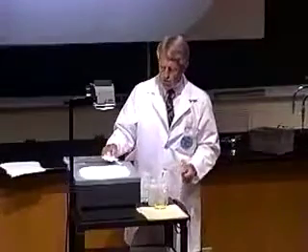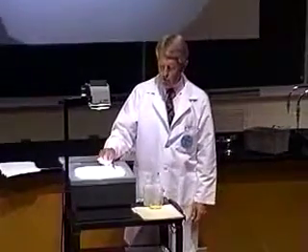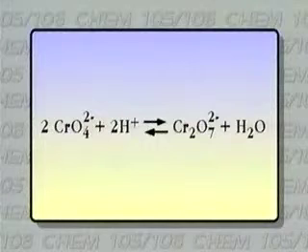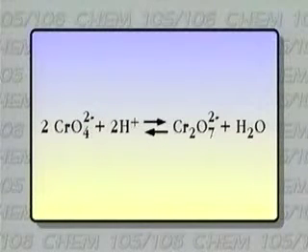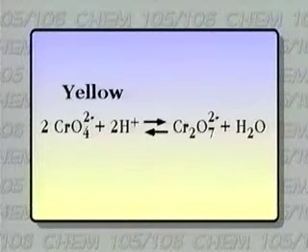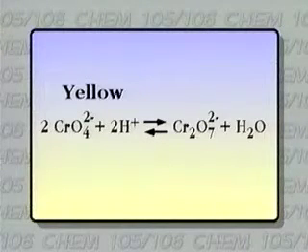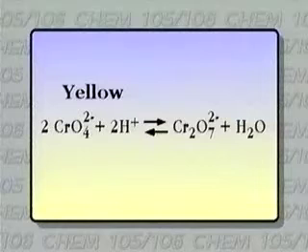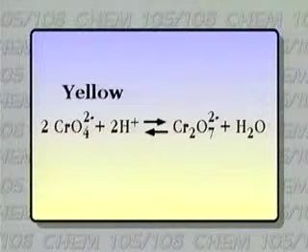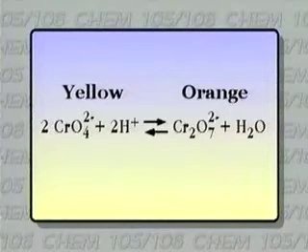If we have a solution which has in it a chromate ion, which is yellow in color in solution, and a mixture with also some dichromate, this species over here, and it's orange in color.